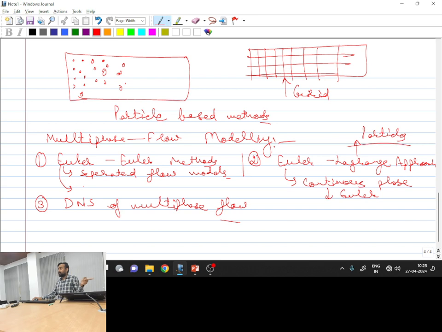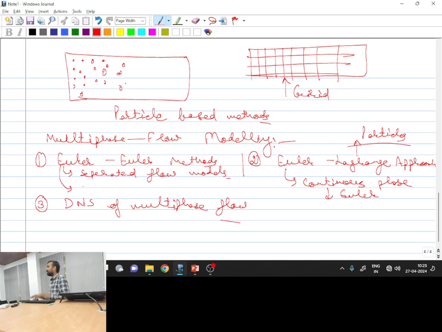When I say I am doing DNS for multi-phase flow, it does not mean that my grid is resolving the Kolmogorov length and Kolmogorov time scales, which are considered the smallest length and fastest time scales in turbulent eddies.